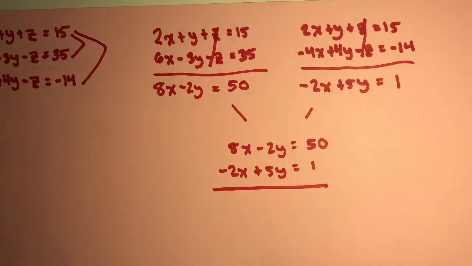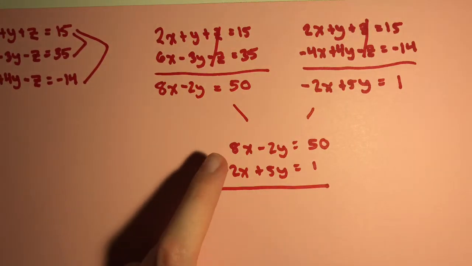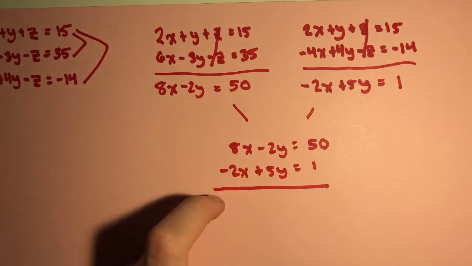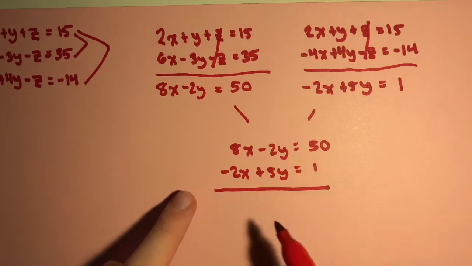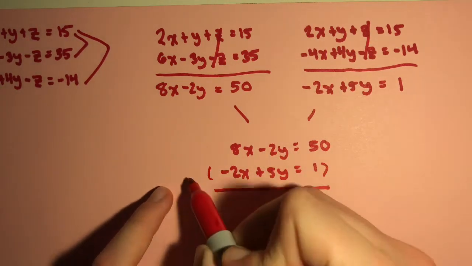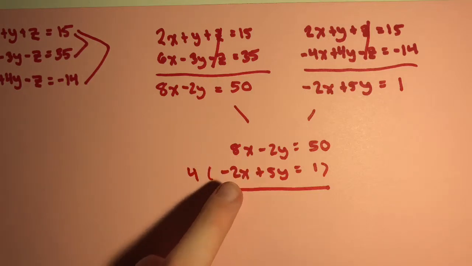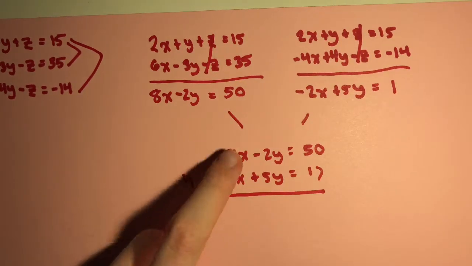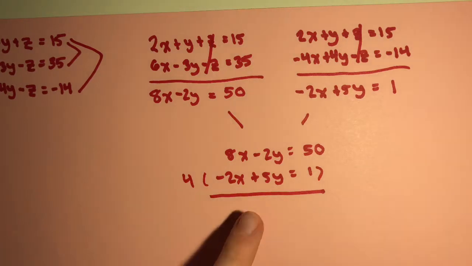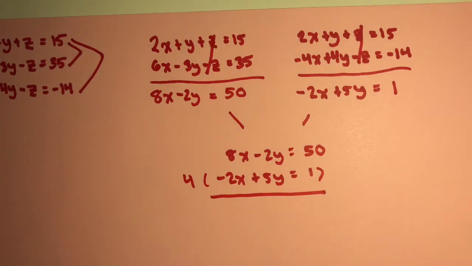So now we are going to use the elimination method. We see the x's, they fit nicely together, 8 and negative 2. If we multiply this side by 4, so we get minus 8x, that's going to cancel that 8x right there. It's going to cancel both of the x's. So we're left with only y's. So we'll just write it down.